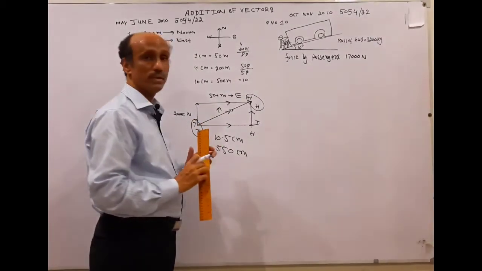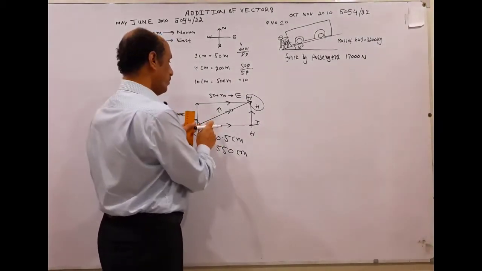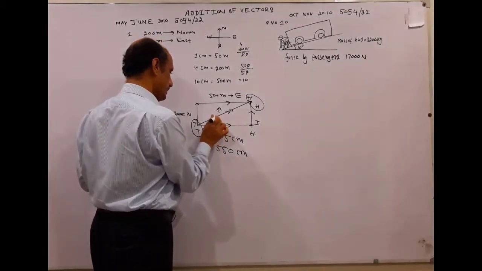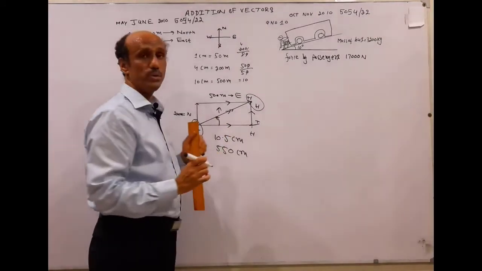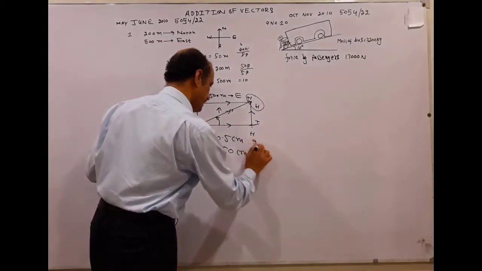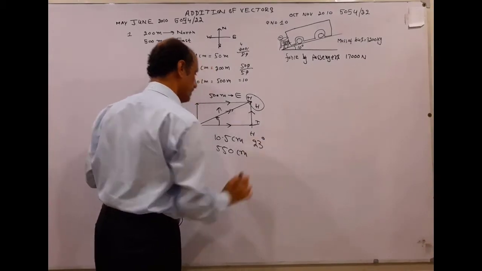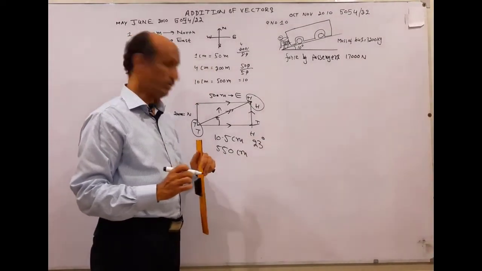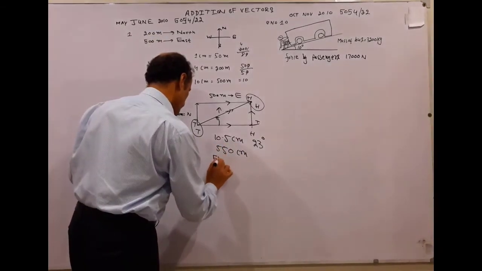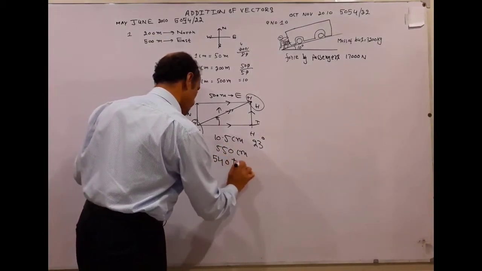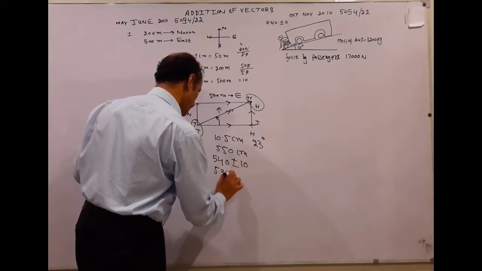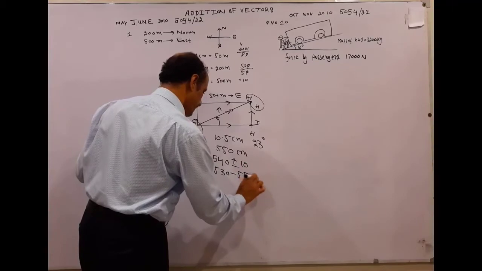And the angle. Now the angle is from the horizontal towards the resultant, and when you measure this angle, you will get around 23 degree. And the percentage error for this question is 540 plus minus 10, so your answer may be 530 up to 550.